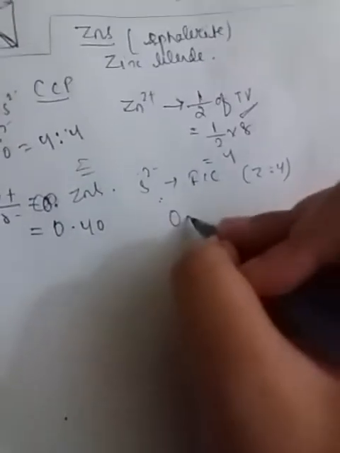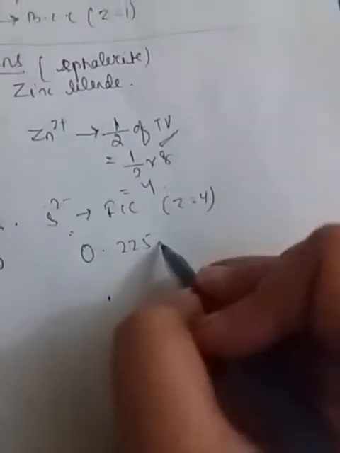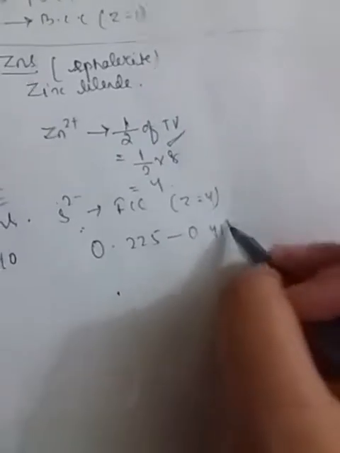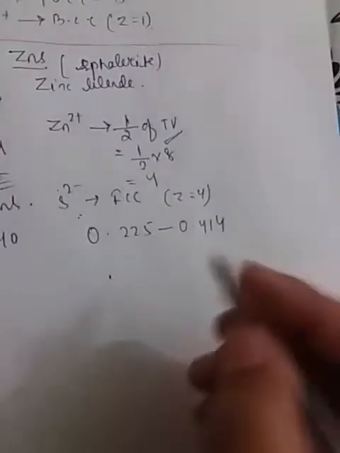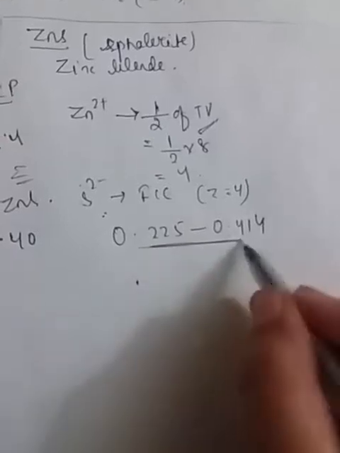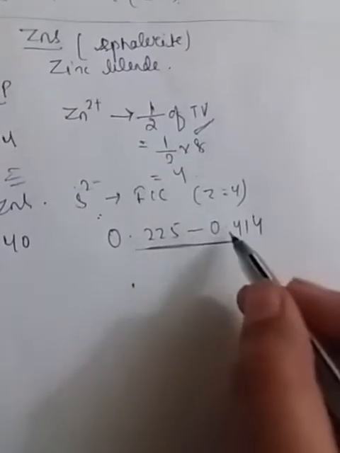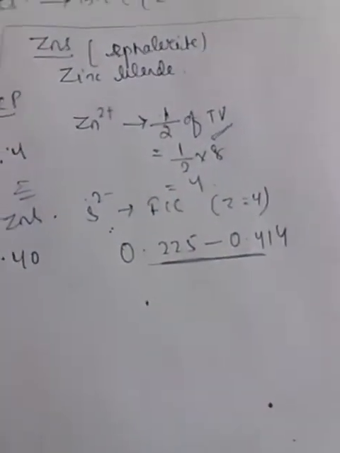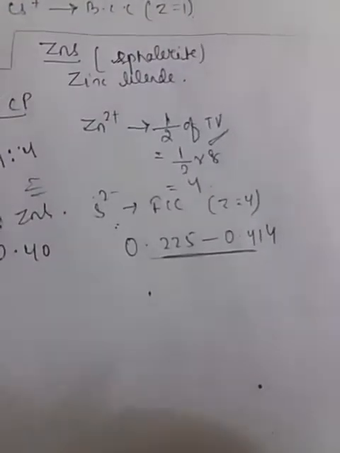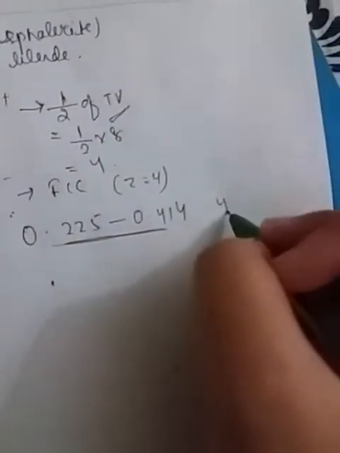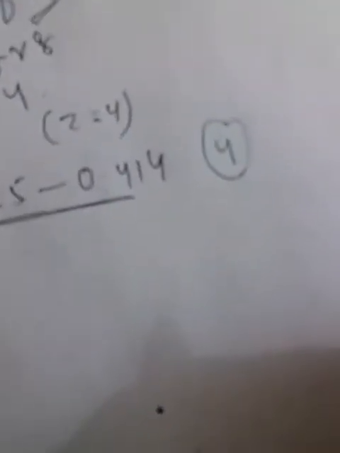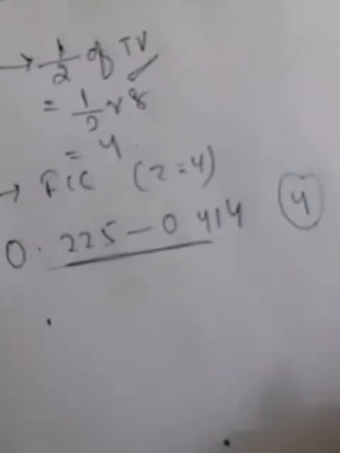In this range, 0.225 to 0.414, the coordination number is 4.